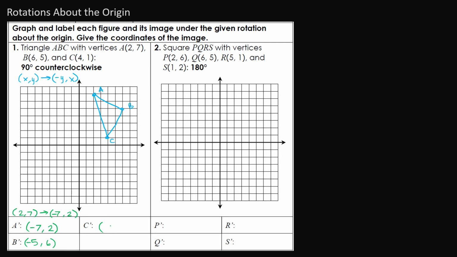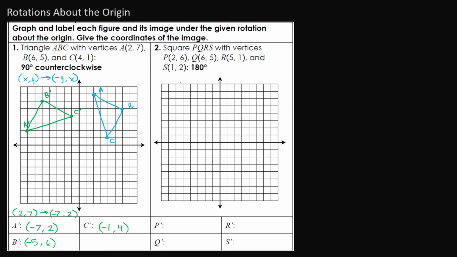And C prime, switch the values, make the y value negative. And let me plot this image. (Negative 7, 2). Here's A prime. B prime is at (negative 5, 6). And C prime is at (negative 1, 4). Here is my image triangle. And you'll notice that for any 90-degree counterclockwise rotation, if your pre-image is in the top right quadrant, we're going to be moving into the next quadrant. We're going to be rotating one over.